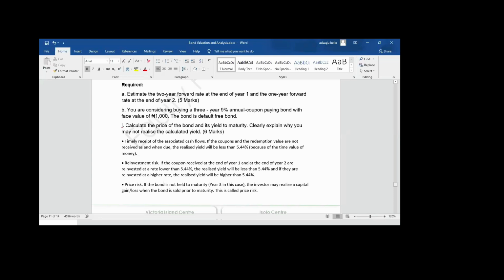You are going to ask yourself, is this bond a redeemable bond, or a convertible bond, or an irredeemable bond? If you look at this question, you are considering buying a 3-year bond. That means this is a redeemable bond, a bond with a specific repayment date. That means I'm dealing with a redeemable bond.